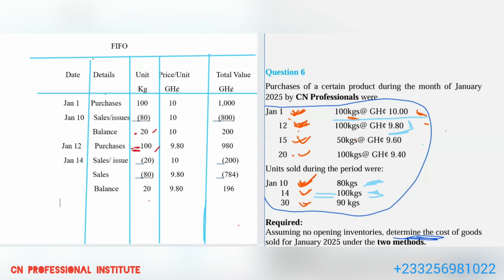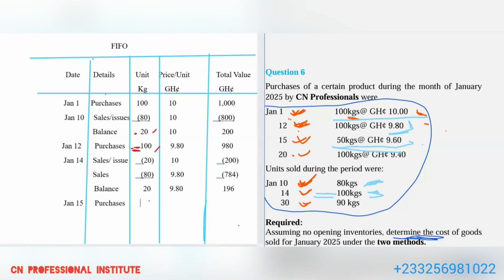Then January 15 was purchases. So we made some purchases. How many did we purchase? If you come here, January 15, you purchased 50 kg, right?